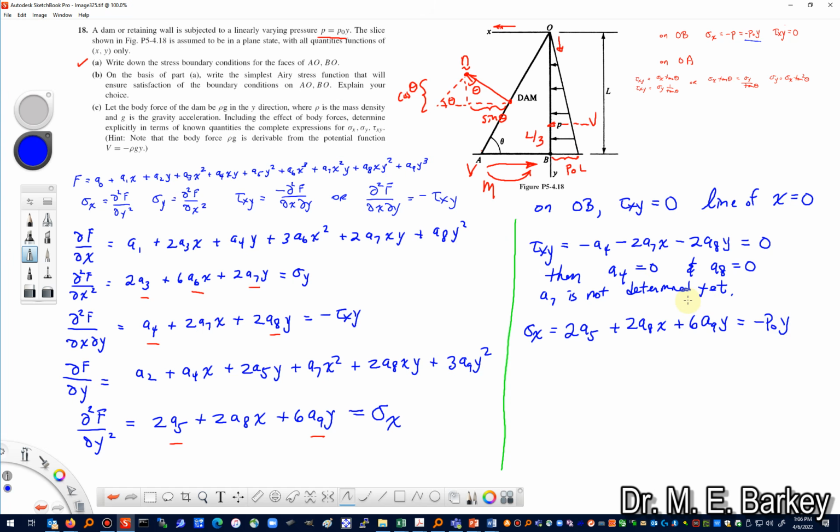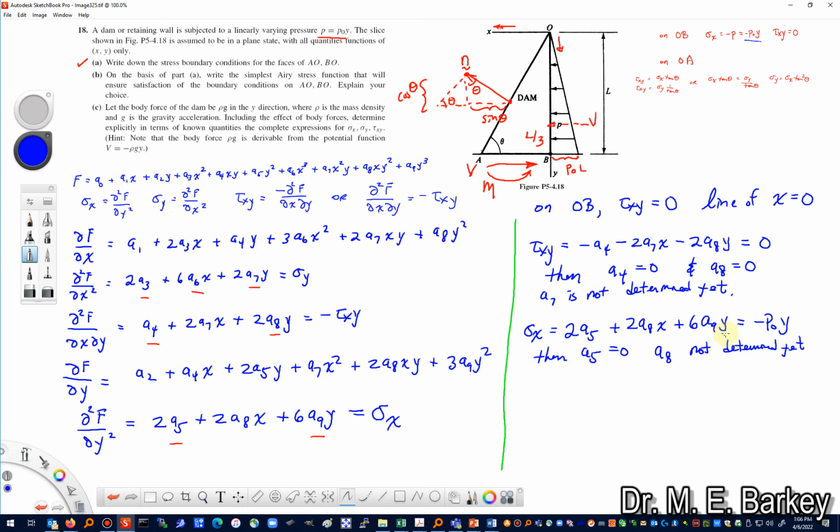Now again, we can look at this and equate coefficients. There's no constant term over here, so a5 is equal to 0. a8 cannot be determined at this point, because we're on the line of x equals 0.